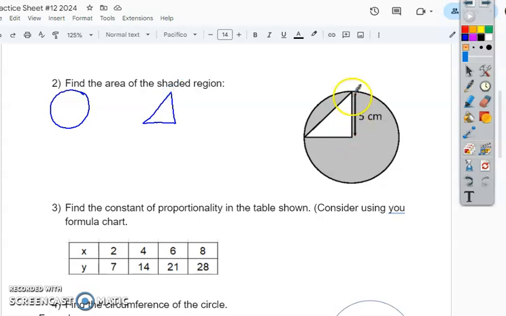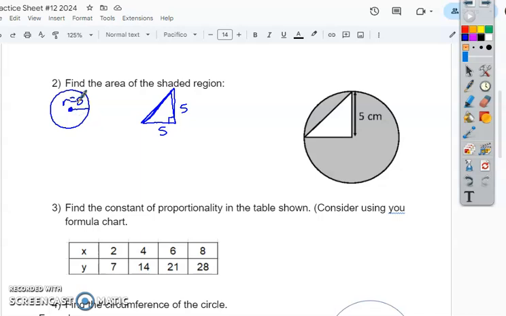Because this is a radius, this is a radius, okay? They have to be the same length. I'm going to put a little right angle sign here because my triangle doesn't look too right, okay? Okay, so 5, 5. Over here, we have a radius of 5, okay?